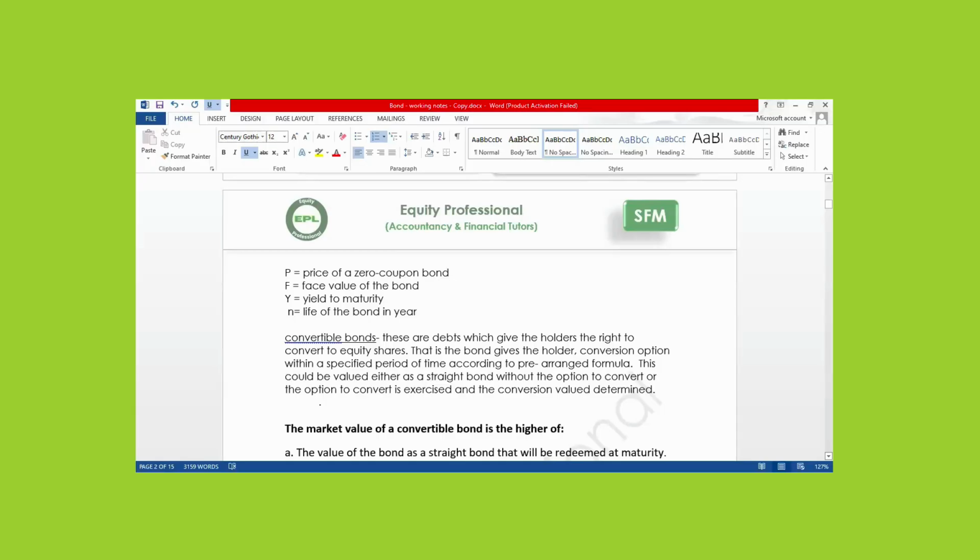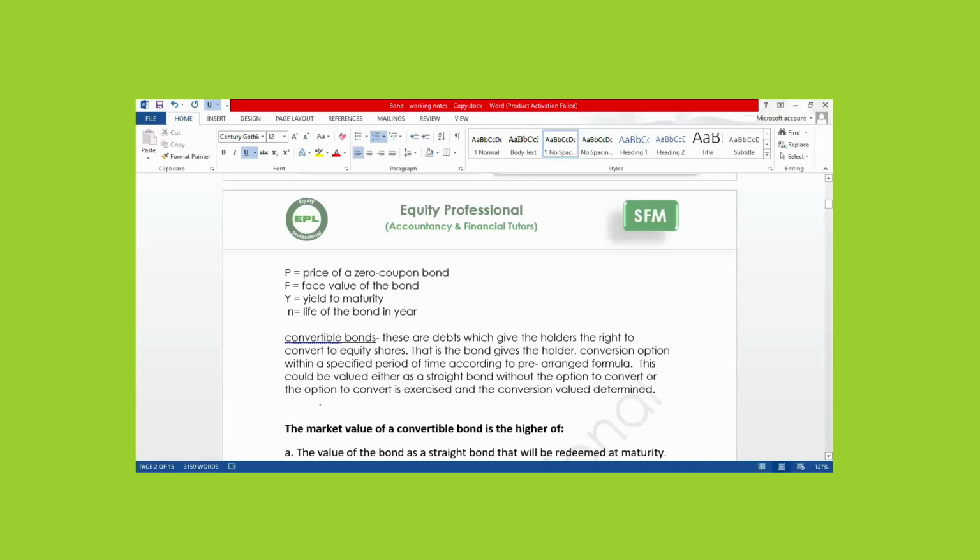Once the debt holder converts, the bond will be converted to equity. In that case, interest payment will stop.